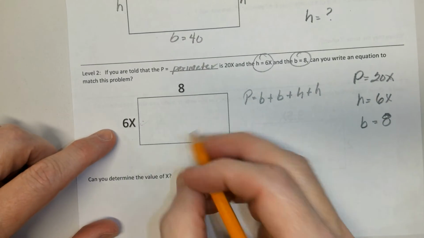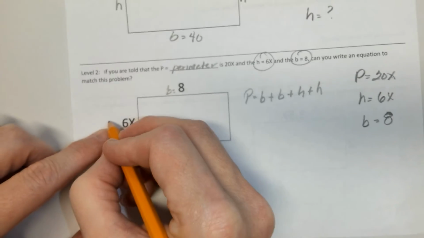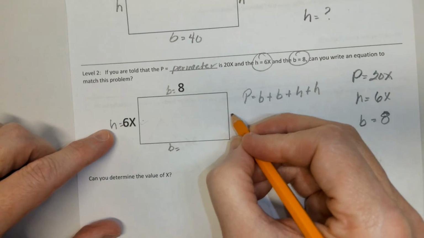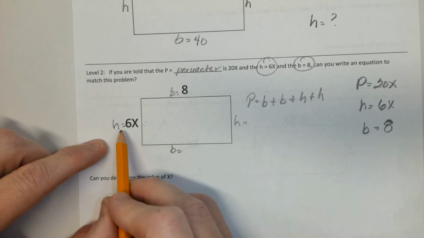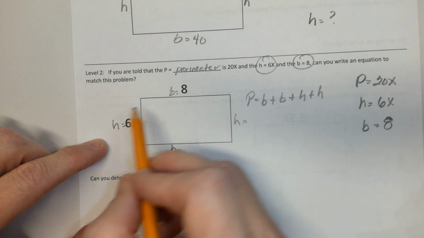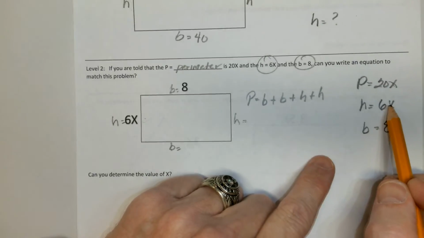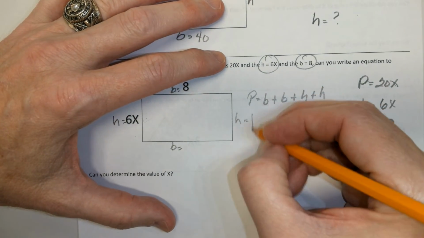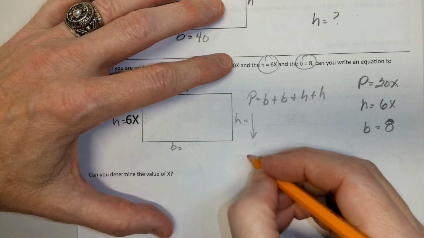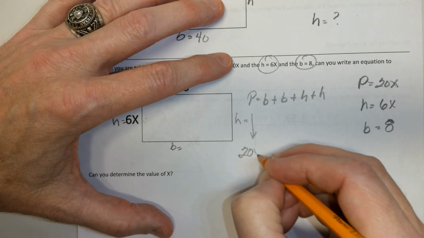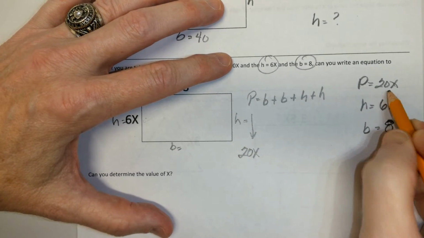In other words, baseline plus baseline plus height line plus height line, all four sides added up. Where we know, what do we know? Let's drop these things in here. I know P, capital P, is 20x, right here.